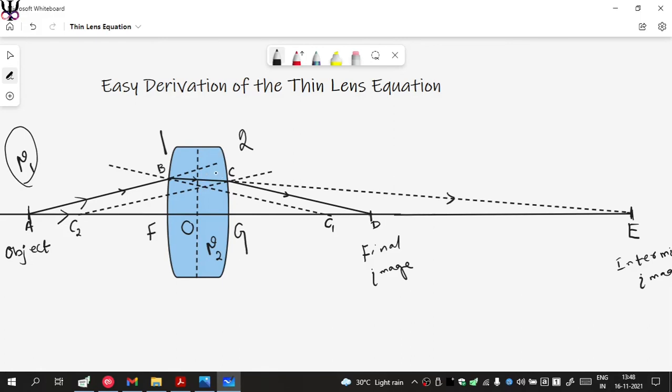So we can assume that first there was no interface 2, but after the image formation at E, which is the intermittent image, there comes interface 2. That means the image at E is nothing but a virtual object. It's an object for interface 2, and because of that the final image is getting formed at D.